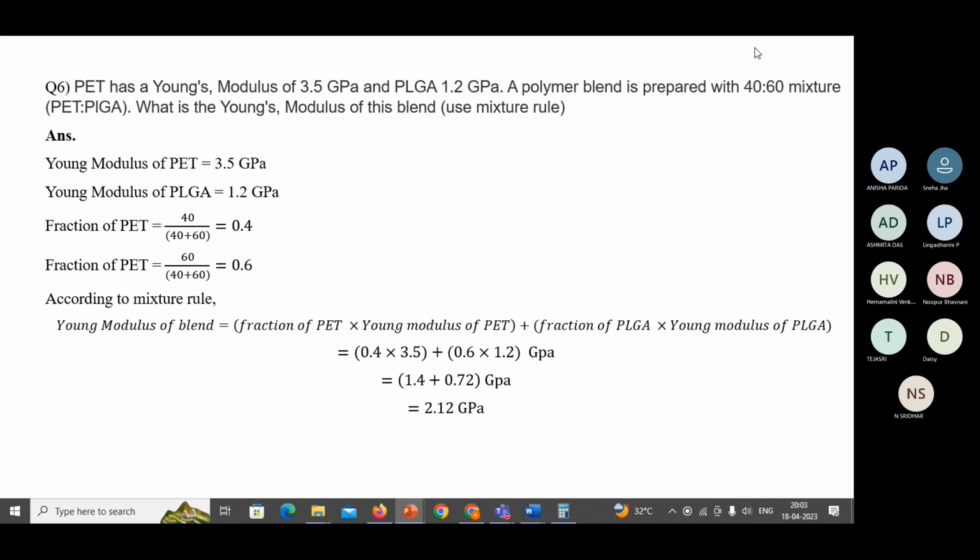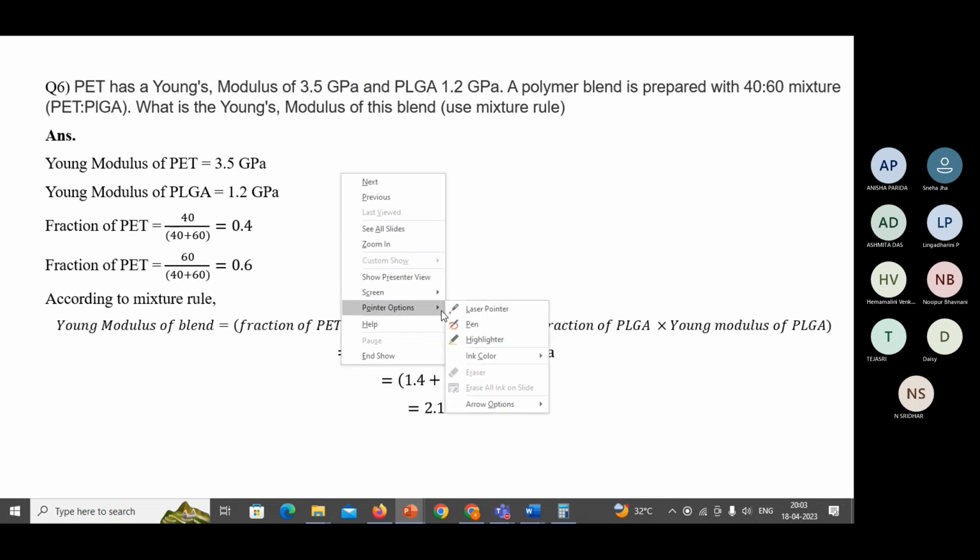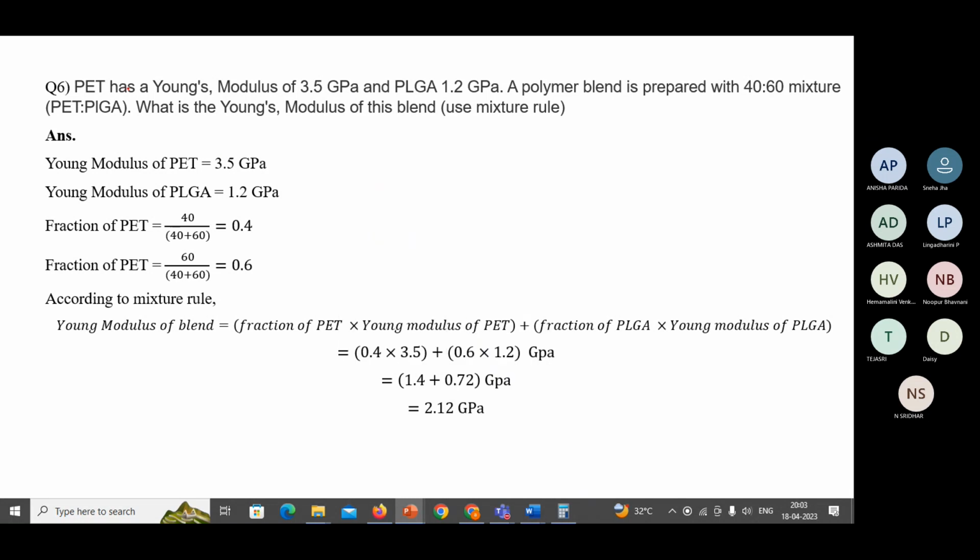Okay, so first we'll write down some of the information already mentioned in the question. The first one is the Young modulus of PET, that is 3.5 GPa. Then PLGA, it's 1.2 GPa. Now a polymer blend is prepared with a 40:60 mixture ratio.